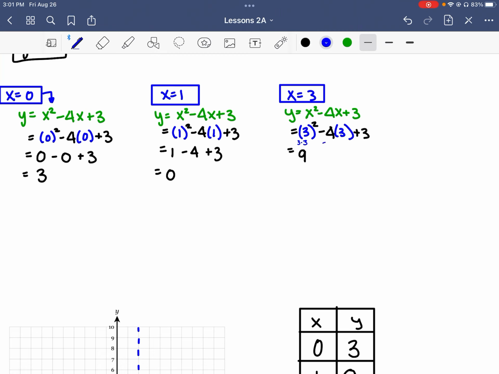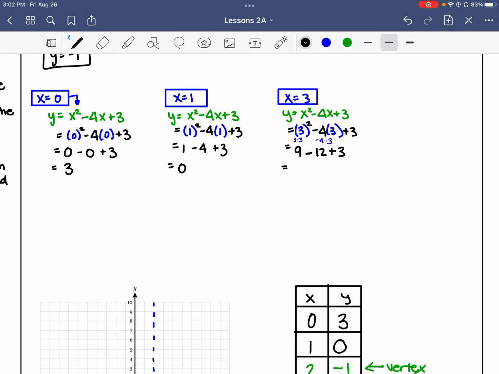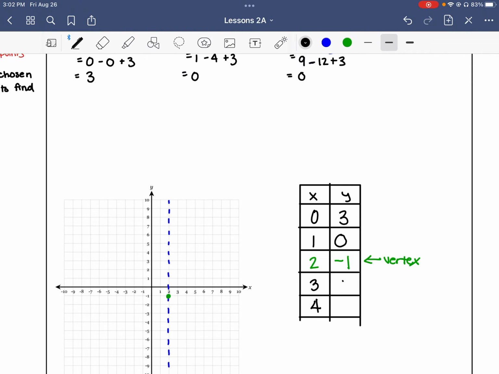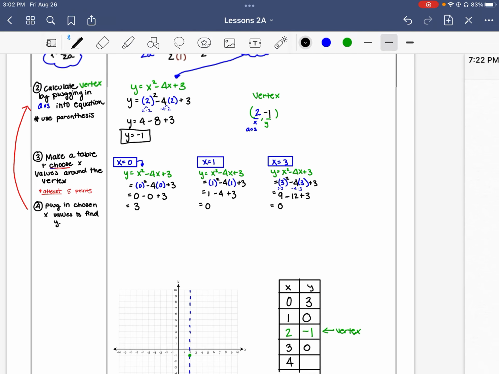This is negative 4 times 3, so this will give me negative 12 plus 3. If I stick this into the calculator and add it, I'm going to get 0. So again, I'm going to put 0 for my answer for number 3.